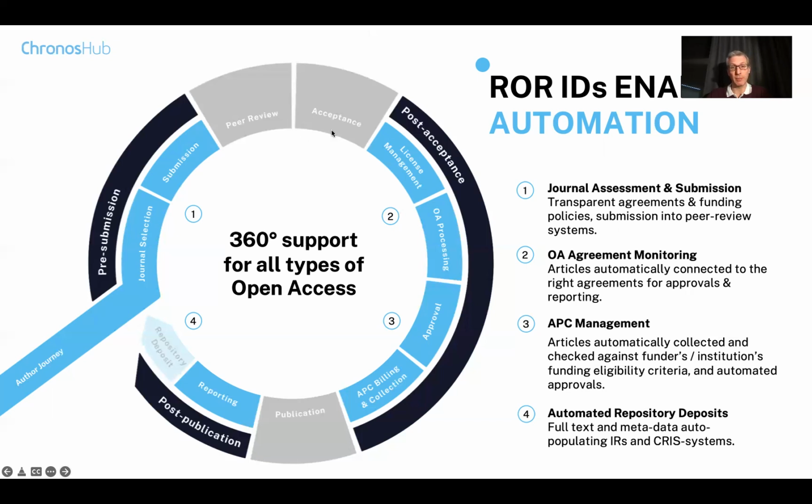And when we get data back upon acceptance, we still use the Ringgold API, but go the other way, from a Ringgold ID to an ISNI ID, and then further to a ROR ID. Then for license management that we streamline for publishers, we can directly apply the right licenses based on the corresponding author's affiliation and if there are any specific agreements and conditions for them.